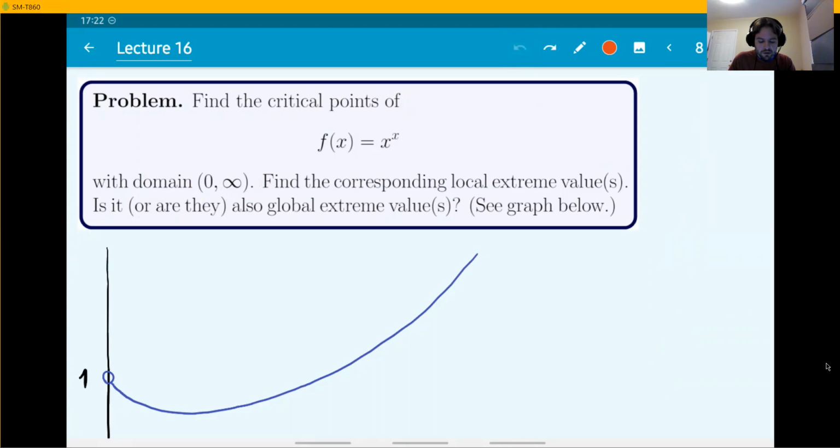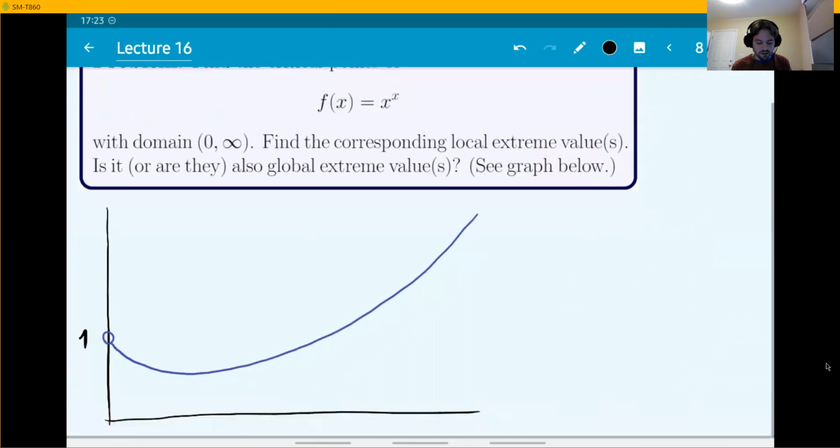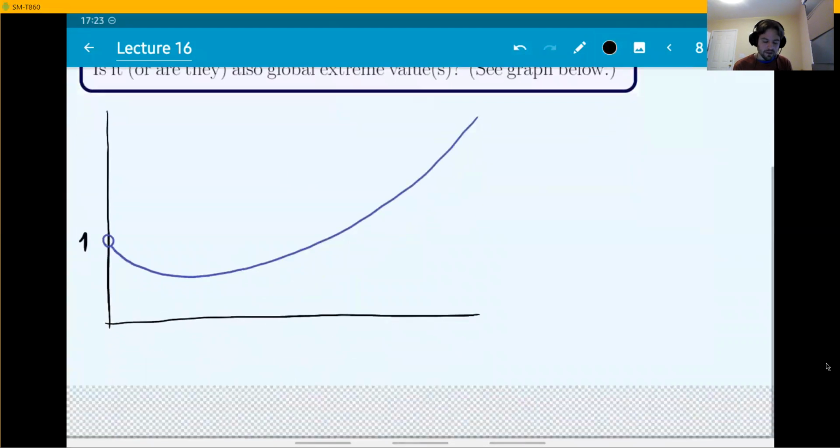If you have a critical point, and if it is actually a local extreme point, then there is a corresponding local extreme value, the value of the function. And they're also asking, are they going to be global or just local? See the graph below.